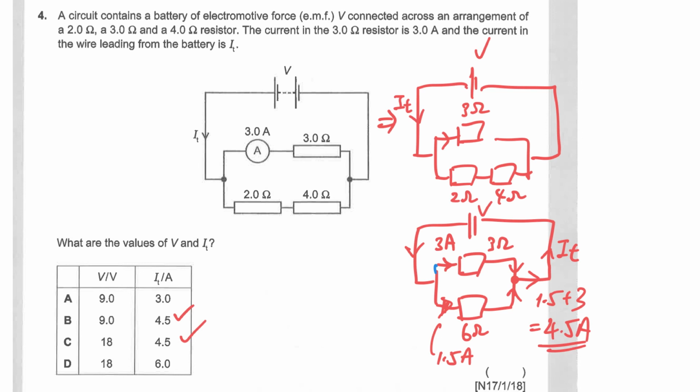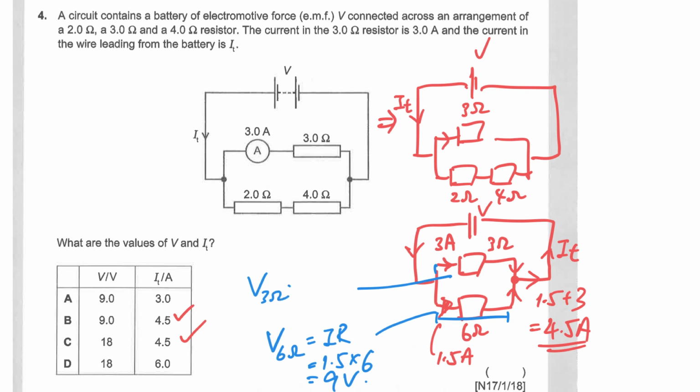So I can just take any one of them to find the V. V across the 6 ohm resistor equals IR, and we know that the current is 1.5 and the resistor is 6. So that will be your 9 volt. Or likewise, if I use this one, I get the same result. IR, the current flowing through this branch is 3 ampere and the resistance is 3, so it's 9 volt.